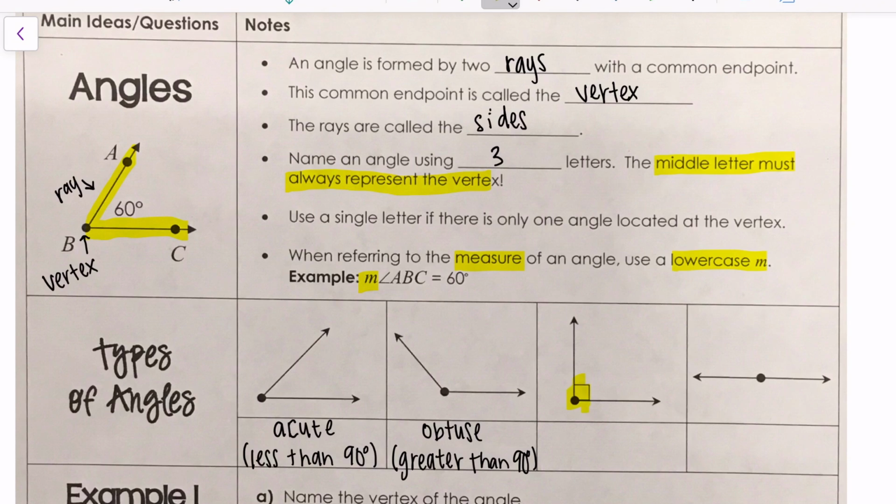Then finally, we have this symbol right here. It is so important that you know what this symbol is. This symbol represents a right angle, and we know that right angles are equal to 90 degrees. Then we have our straight angle. Straight angles are just a straight line, and they equal 180 degrees.